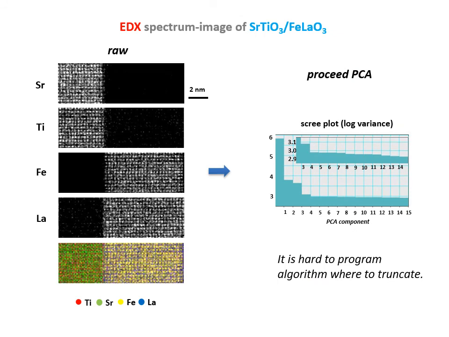Let's consider another example. This is an EDX spectrum image of layered perovskite structures. And we see some atomic resolution already in the raw spectrum image, but we want to improve that with PCA. And as usual, it's not easy to automatically decide about the number of components from the scree plot.